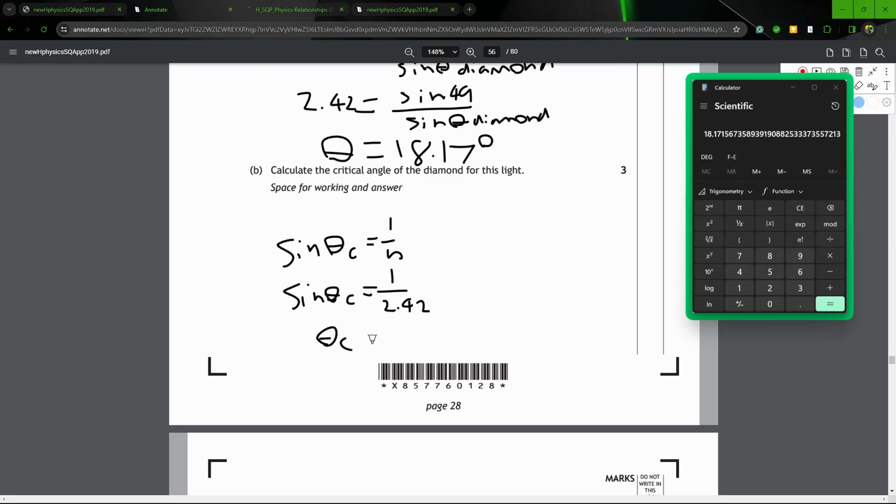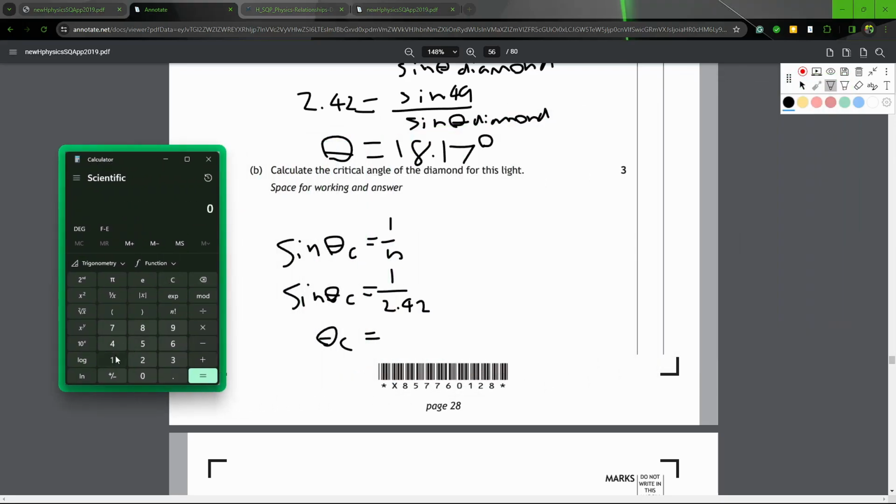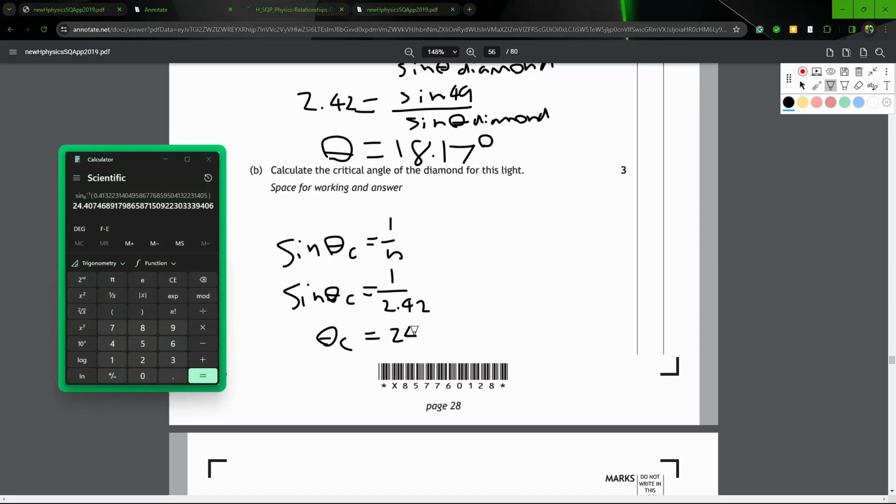So theta c equals 1 divided by 2.42, but then we need to inverse sine, because this is what sine theta is equal to, but we want just theta. There we go. So it'll be 24.4 degrees.